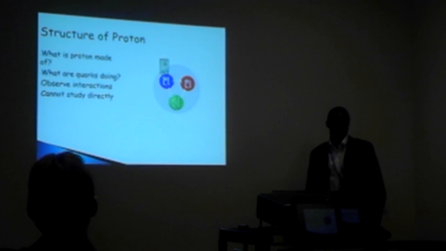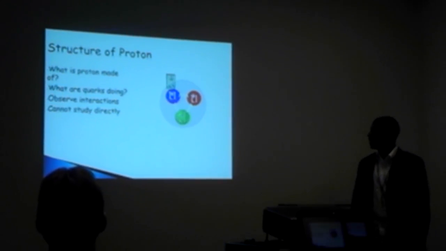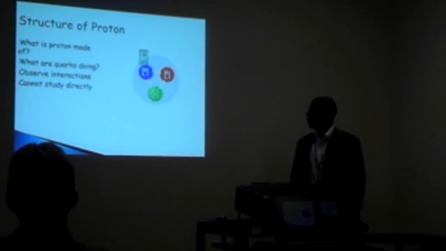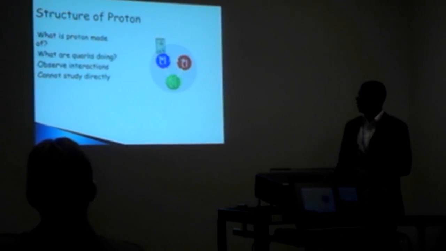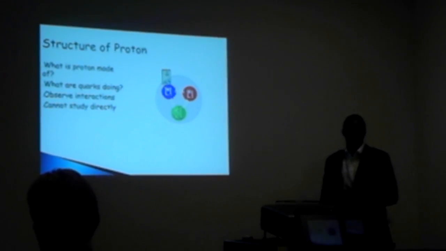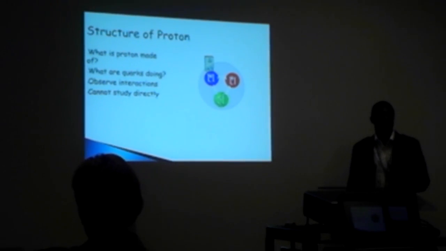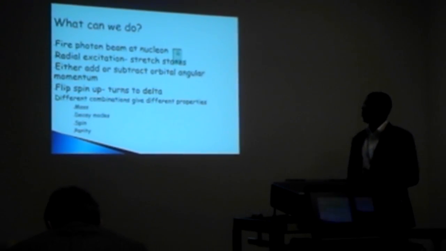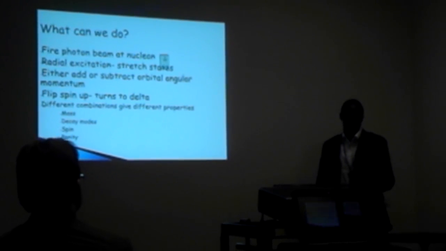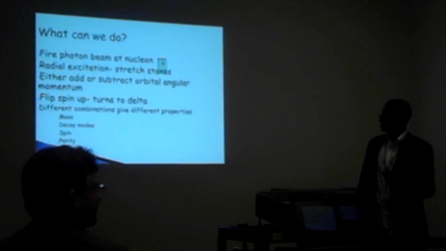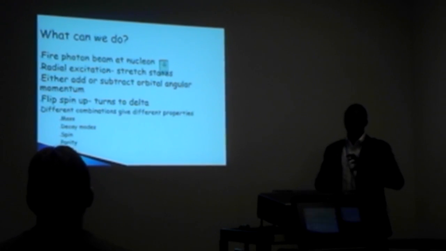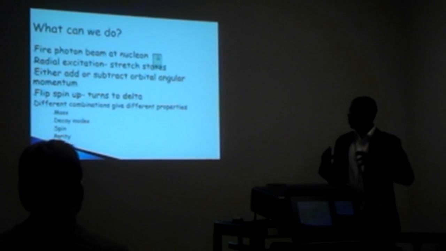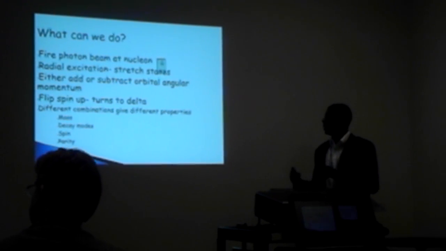So to begin, we want to study the structure of the proton. I'm sure you all know that the proton is made up of two up quarks and one down quark. So we want to know what the proton is made up of, what the quarks are doing. We want to observe the interactions because we cannot study the protons directly. So what we do is we fire a photon beam at liquid hydrogen, and based off the interaction, we can either stretch the states, or add or subtract orbital angular momentum.